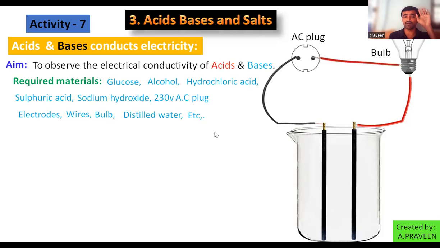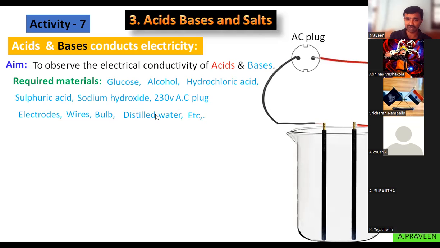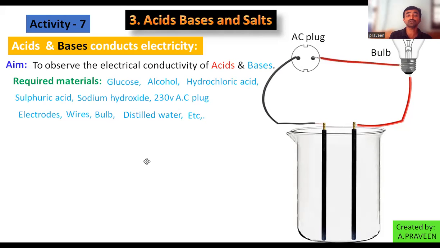Have you understood how to arrange the apparatus here? Did you see that clearly? Yes. So now what to do? We need to verify by adding the different solutions which you prepared using distilled water and the samples.